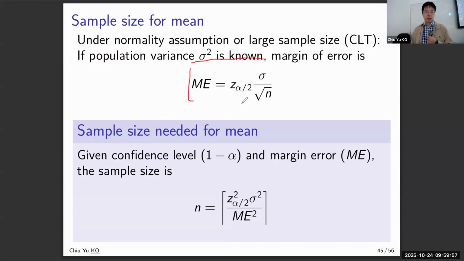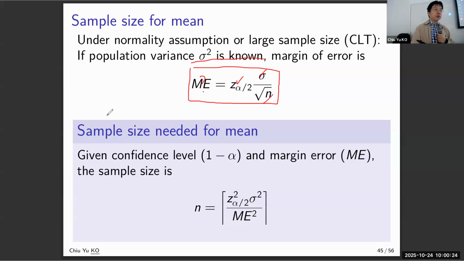This is a margin of error, right? So we used to know this Z number, and then we calculate this ME, right? So we know the thing on the right-hand side, we calculate the left-hand side. This is what we do, right? And this is, we say, our interval estimator. This is the interval, right? But now we reverse the process, right?